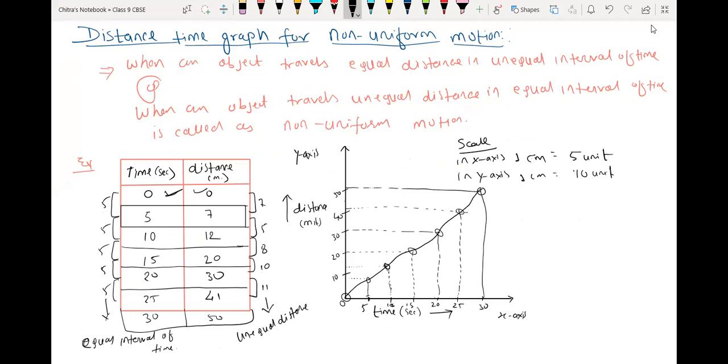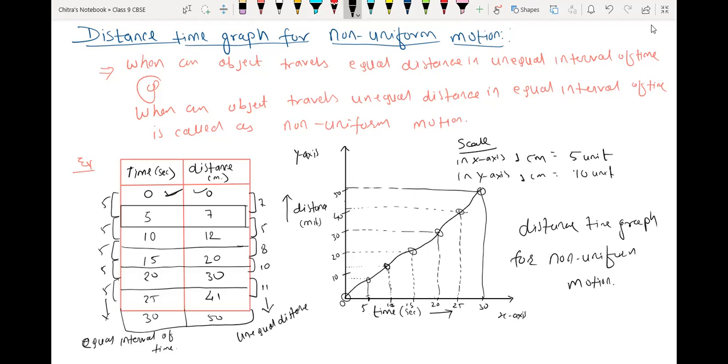So this is the distance time graph for non-uniform motion. This is all about the distance time graph for non-uniform motion.